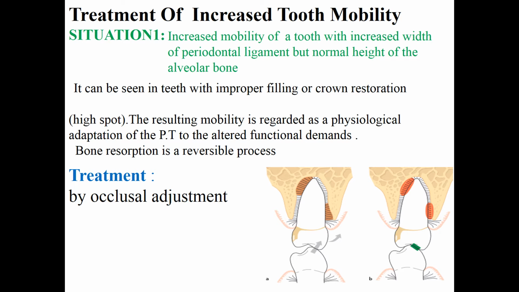But this is a reversible process, which means when we treat the condition and remove this excessive occlusal force by occlusal adjustment, this bone resorption will return to bone formation and the condition will return to normal. So the treatment of this situation is by occlusal adjustment.